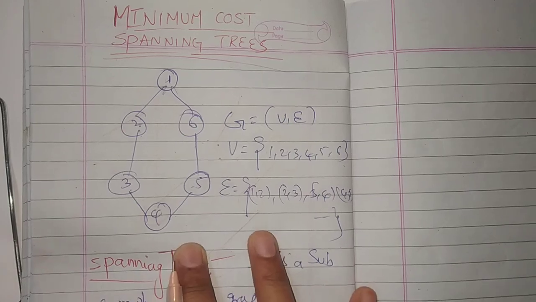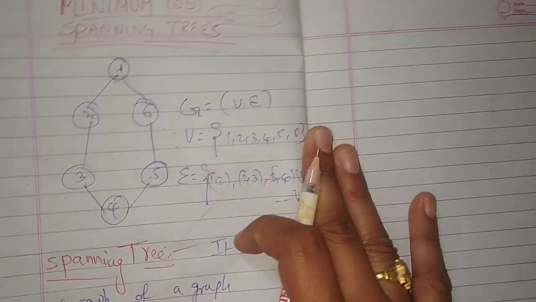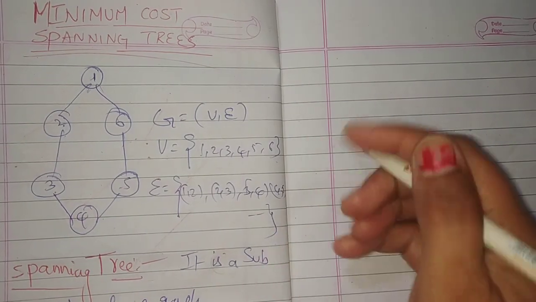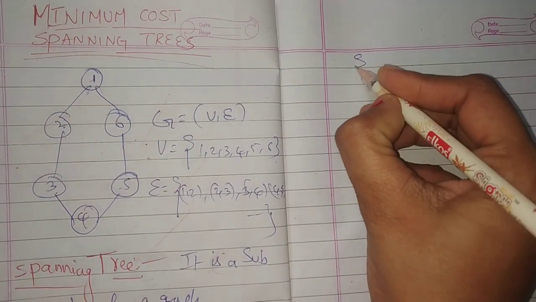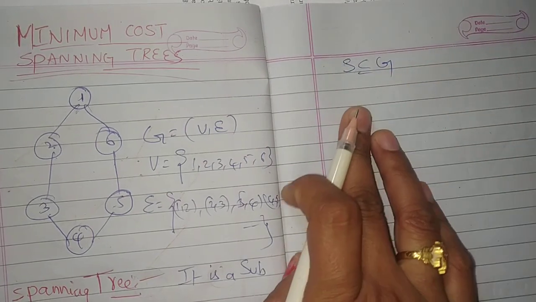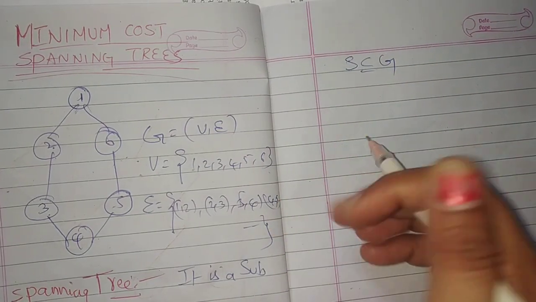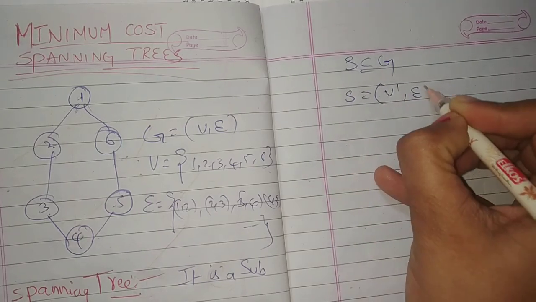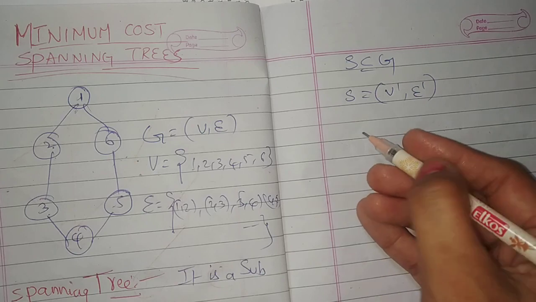Now how do you define a spanning tree for this graph? S is a subgraph of G, a set of V dash comma E dash. Mathematically we can represent it.